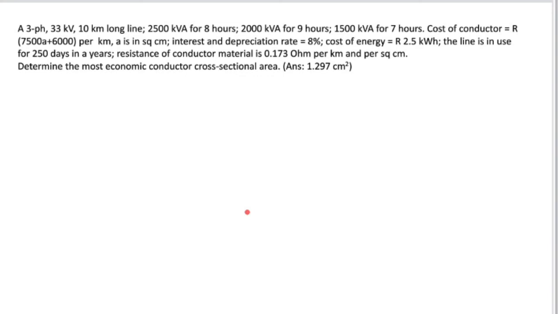Is that okay? The cost of interest and depreciation is rand 7500A plus 6000 times 10 for 10 kilometer and 0.8 for the 8% interest and depreciation rate. So one step is done. Is that okay?